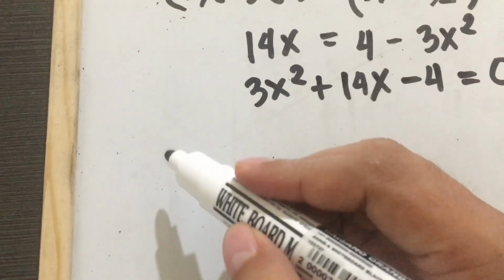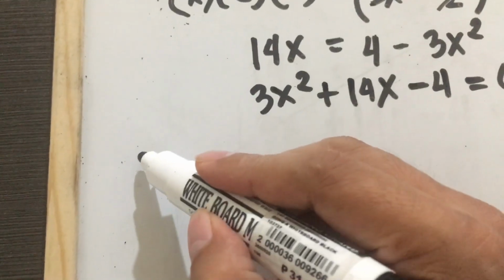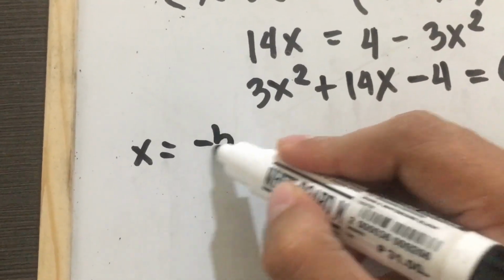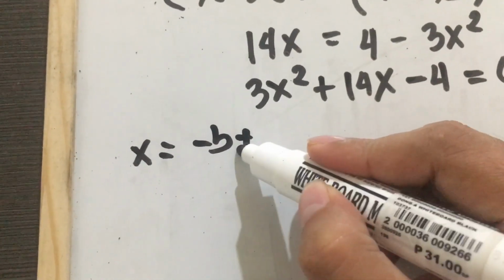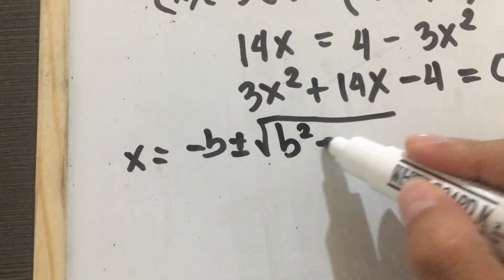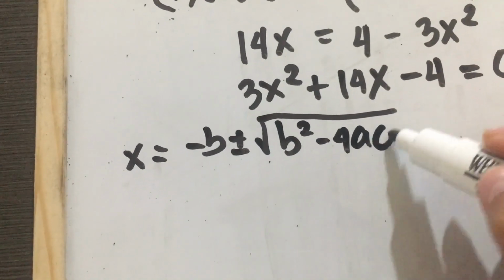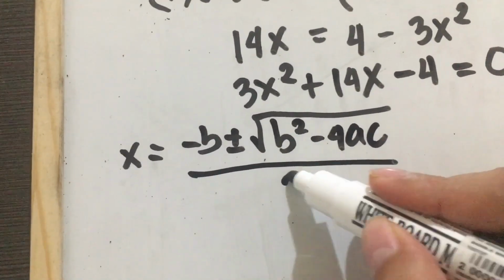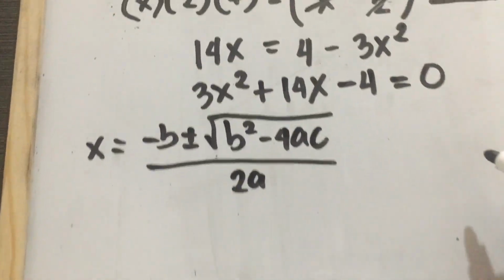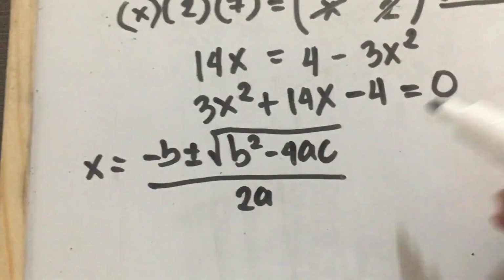We all know the quadratic formula is equal to negative b plus or minus the square root of b squared minus 4ac over 2a. Now, we need to check first what the values of your a, b, and c are.